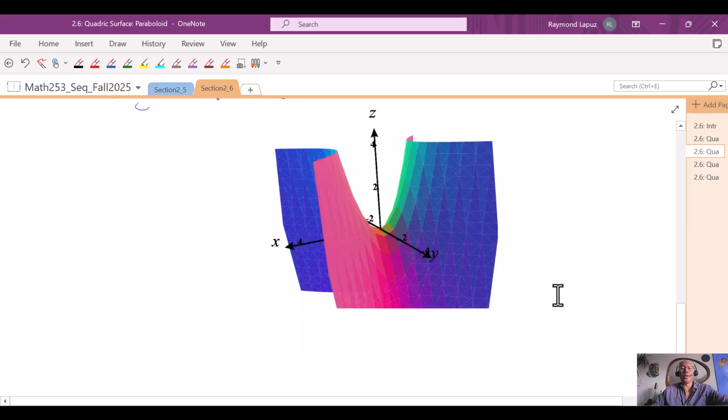If we go back to the shape, I should have kept the wires there, but if we go back to the shape of these things, you can see there's a bunch of parabolas that are going up and down if we look at it from one perspective. And then from another perspective, there's a bunch of parabolas that are opening downward. So we have parabolas opening upward and parabolas opening downward.